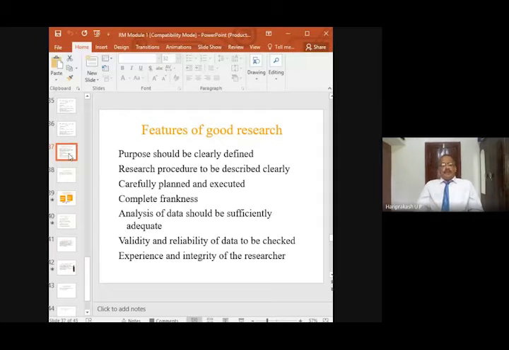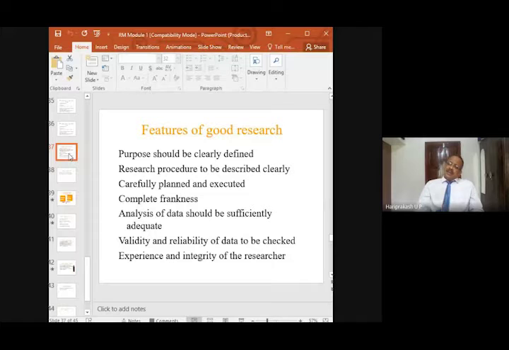Say if my interest area is human resource, then I can study the work environment, I can study employee stress management, I can study employee productivity, I can do a study on work-life balance.